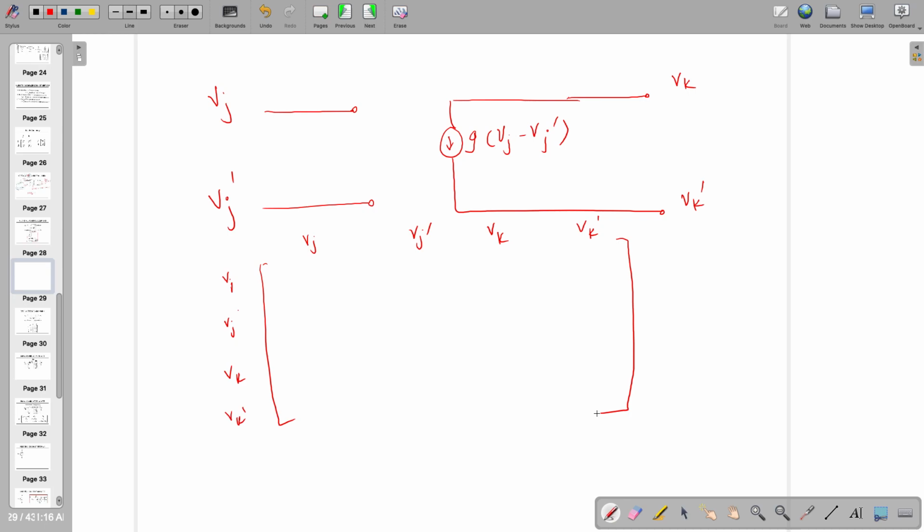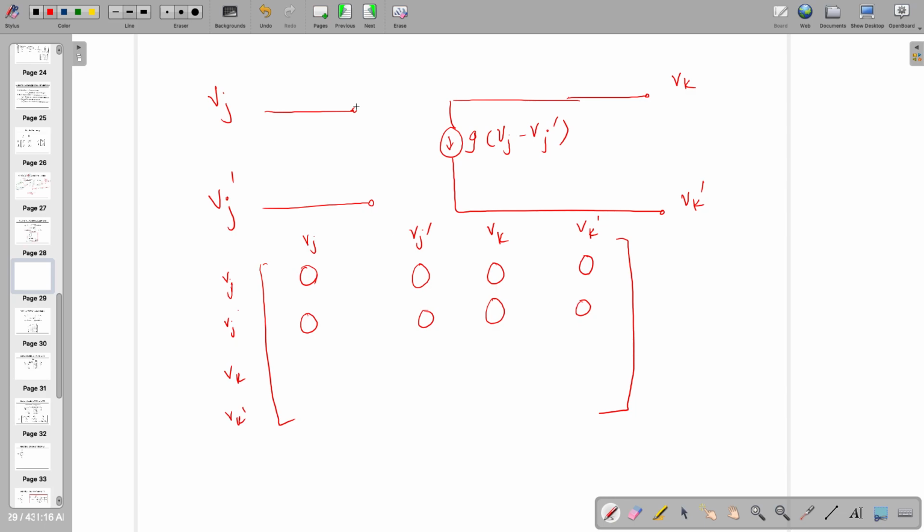I am talking about the admittance matrix. It's 0, right? From J to J, there is no current flowing, and there is no passive component in between. What about Vj to Vj prime? It's again 0. This is also 0. Vj prime and Vj is 0, because on this side there is no impedance available.